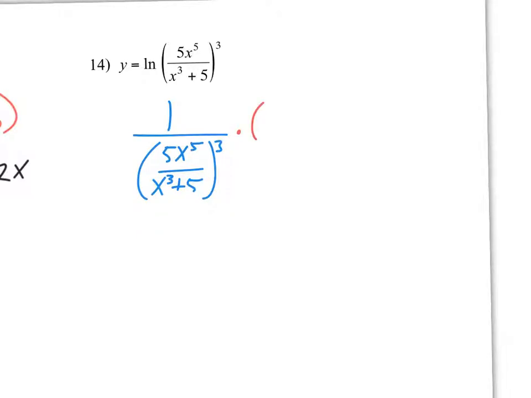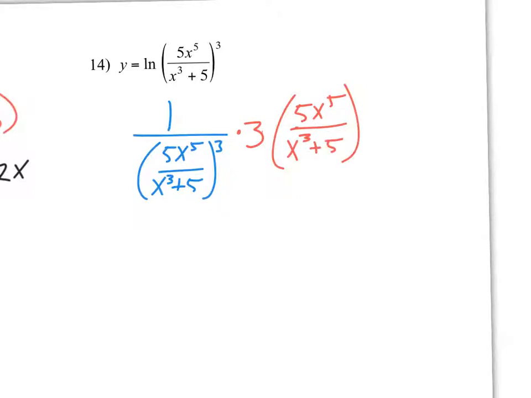So we've got the bottom x to the third plus 5 times, oh man, I forgot the 3. Oof. I'm going to back up a second here, because we've got to do a power rule before we can touch that quotient rule. So that's going to be 3 times 5x to the fifth over x to the third plus 5 squared.